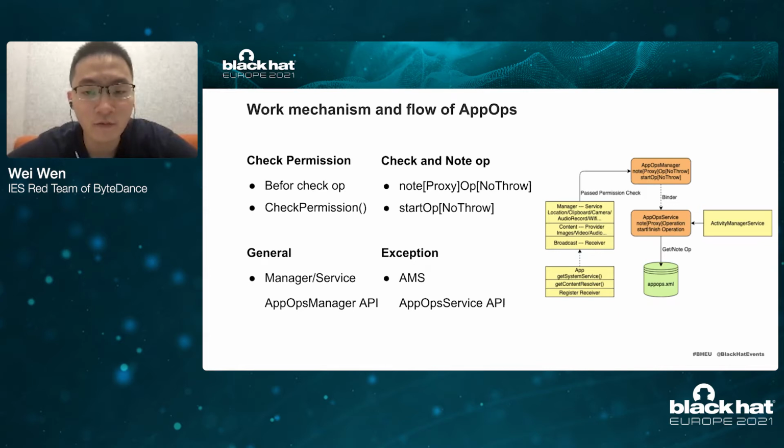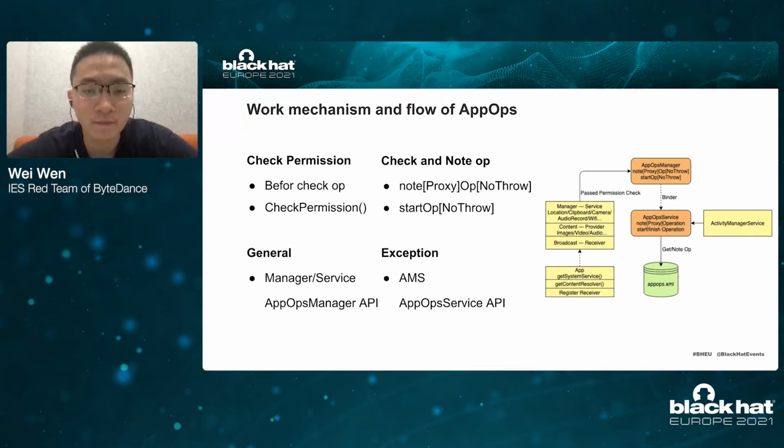When the system service is invoked by the app, the proxy of the service is usually invoked instead. For example, ClipboardManager corresponds to ClipboardService, WifiManager corresponds to WifiServiceImpl, and AppOpsManager corresponds to AppOpsService.